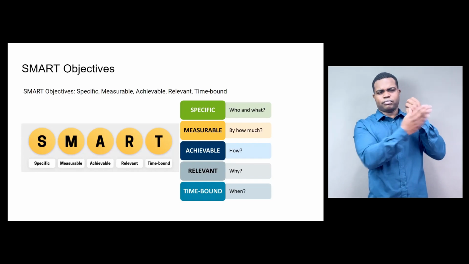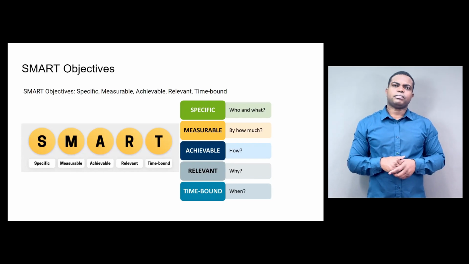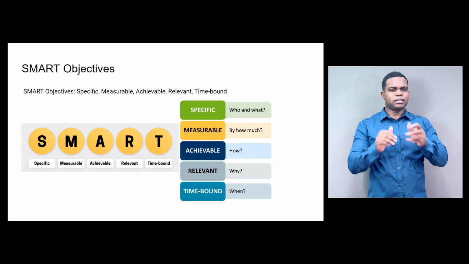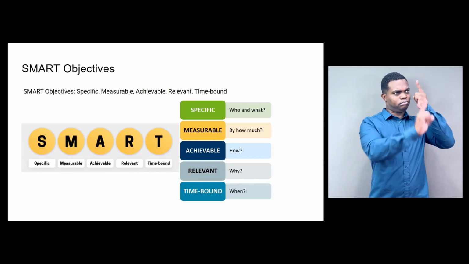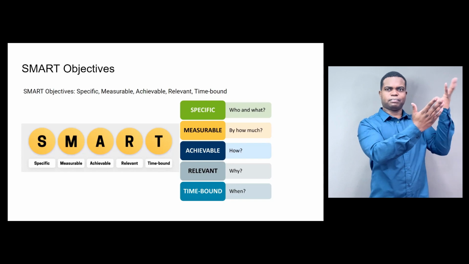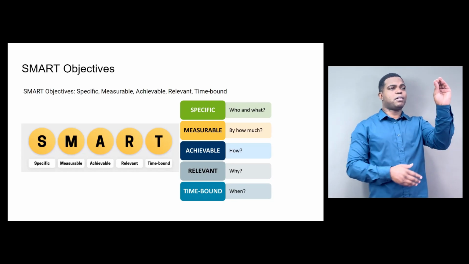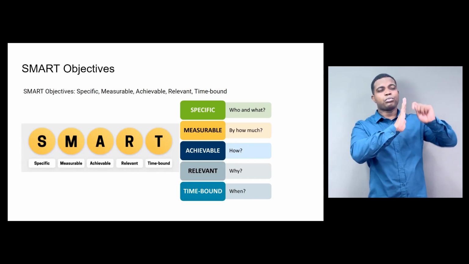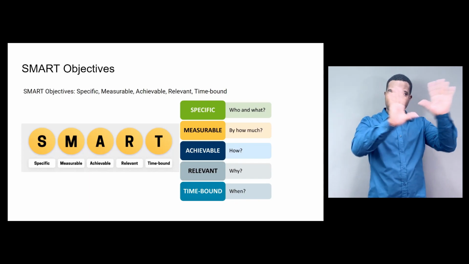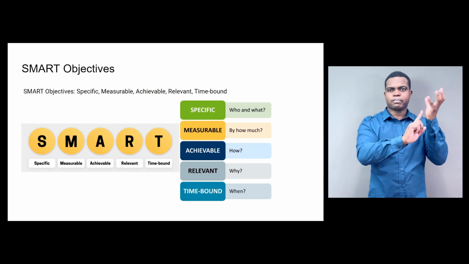Achievable. How is it achievable? You need to be honest with yourself, so that when you are setting your objectives, you set achievable objectives. You shouldn't set an ambitious objective that you know you won't be able to achieve.